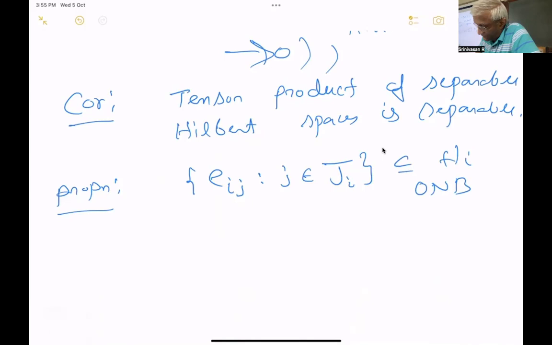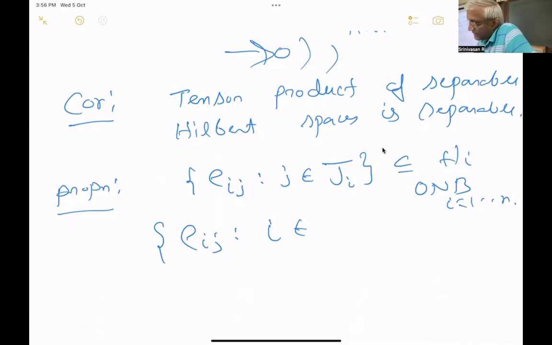Then this set Eij, where i is in I. I should be finite, no? So i equal to 1 to n. We haven't defined the infinite one. It's possible to define an infinite tensor product also. I'll come to that in the next proposition.